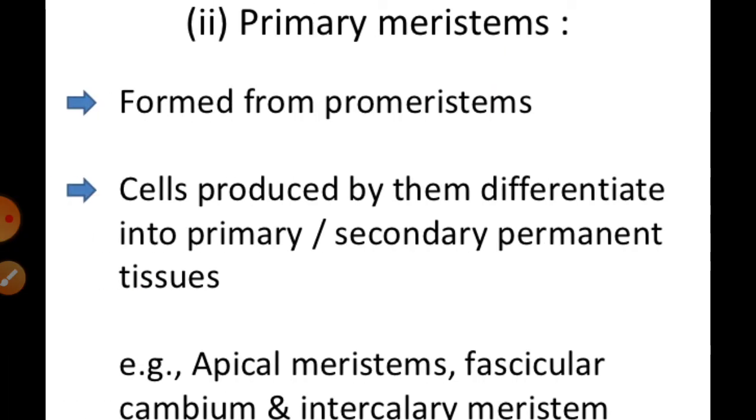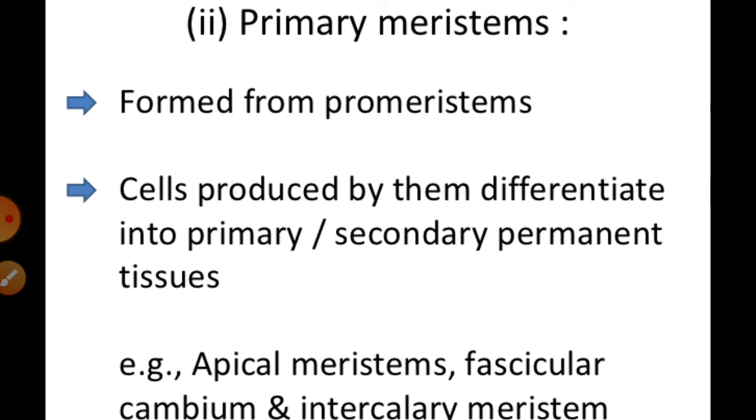If we talk on the basis of origin, meristems can be classified again like this. First, the primary meristem. Generally, these meristems are derived during the early embryonic stage.